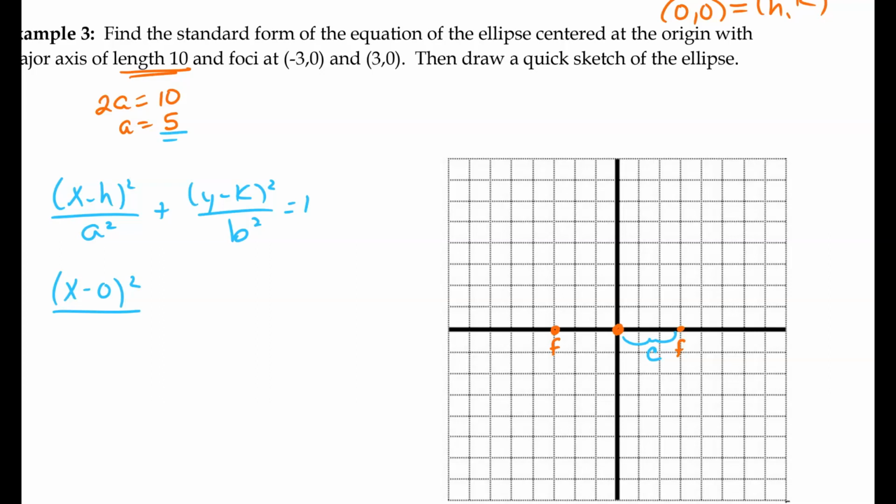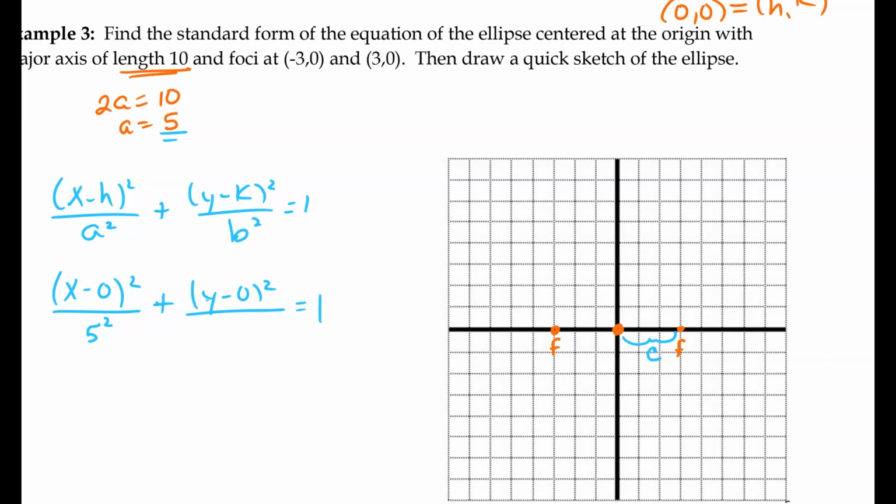Because our major axis, the length is half of that. And so that's going to be 5 squared. And then we got plus y minus 0 squared. I don't know b squared yet, but I can use what I know to help me with this. All right, so with this, my friends, we are going to sit there and we're going to put our vertex in.